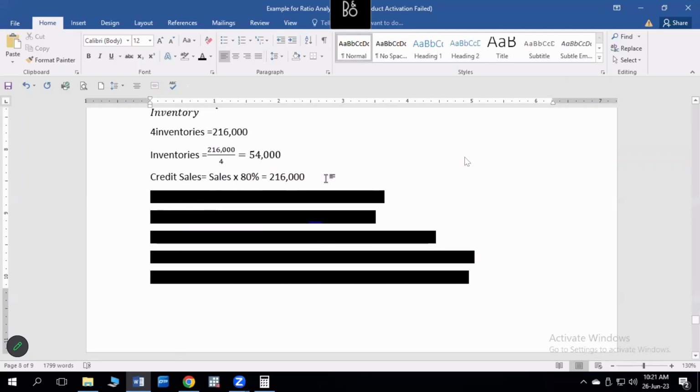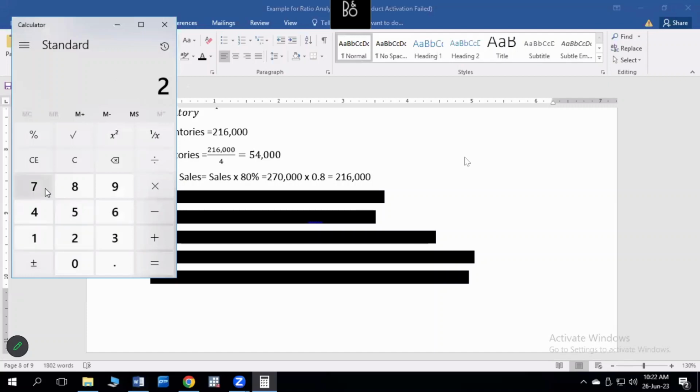So straight away you can find how much sales: 2,70,000 into 0.8 equal to 2,16,000. So you can check whether it is correct or not.